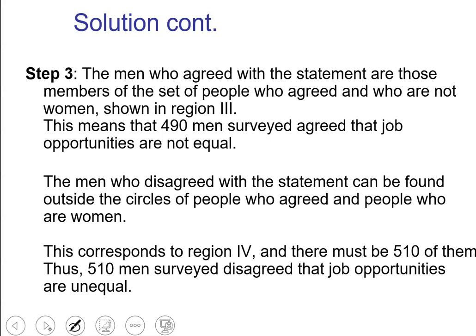The men who disagreed with the statement can be found outside the circles of people who agree and people who are women. That corresponds to region 4. There must be 510 of them. 510 men surveyed disagreed that job opportunities are unequal. Okay, so this concludes our second day of probability, focusing on counting principles.